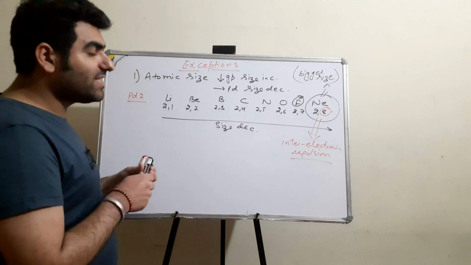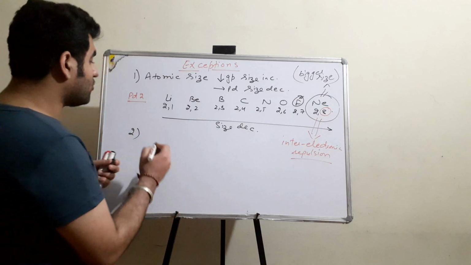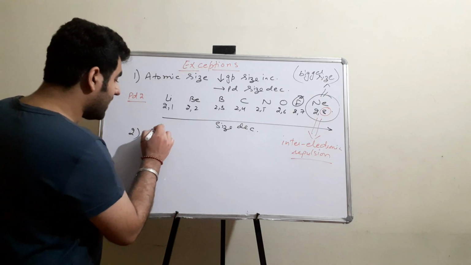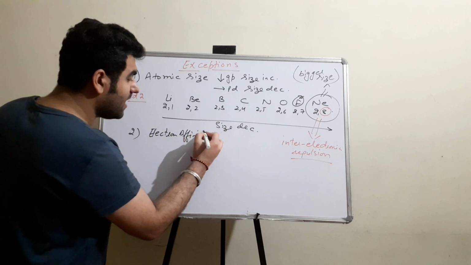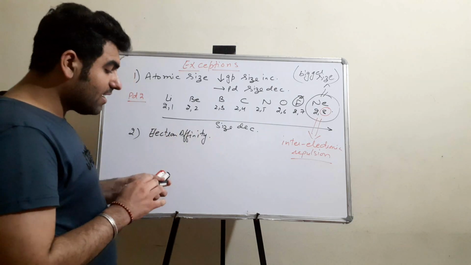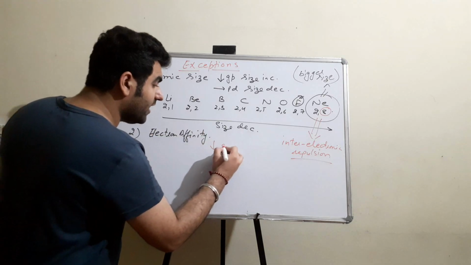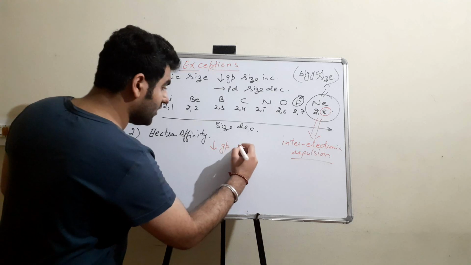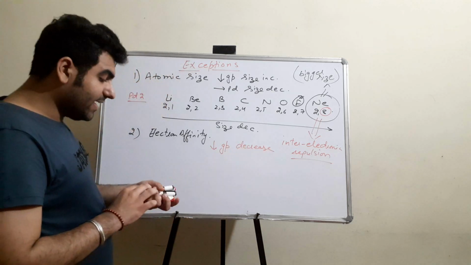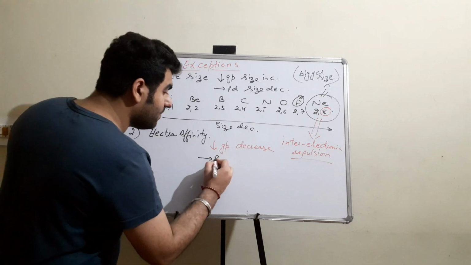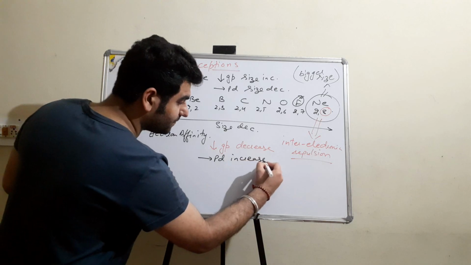Now the second exception is for the electron affinity, or electron gain enthalpy. We know that down the group electron affinity decreases and along the period the electron affinity increases.